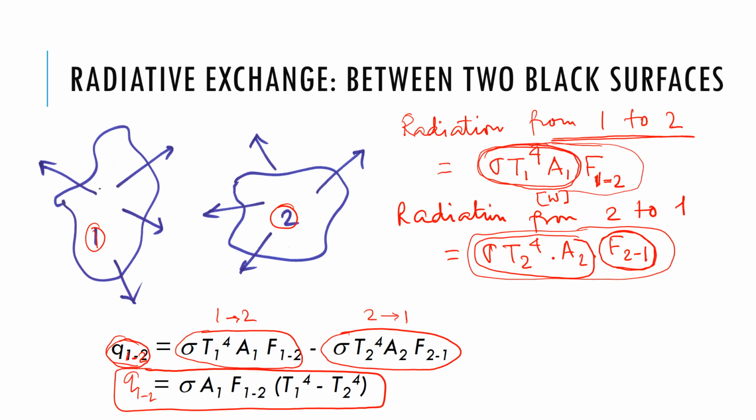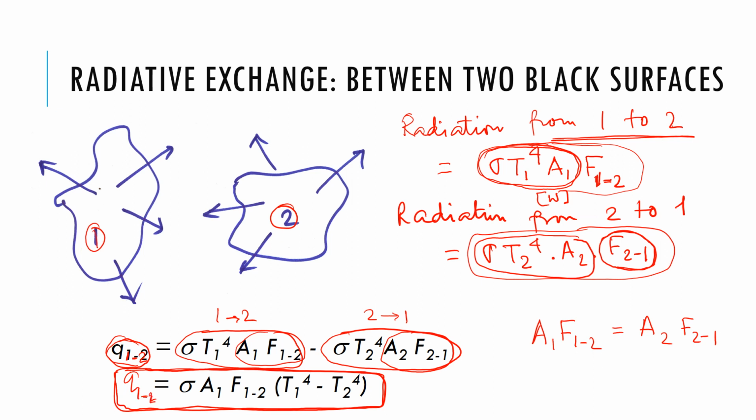And now, as I mentioned earlier, from geometric calculations, we can show that this is always true: A1 F12 is equal to A2 F21. So if I use that to replace this A2 F21 by A1 F12, then we get the final formula. Again, two important things.